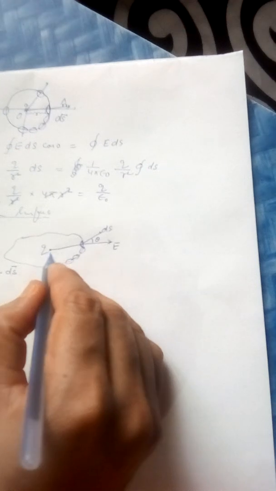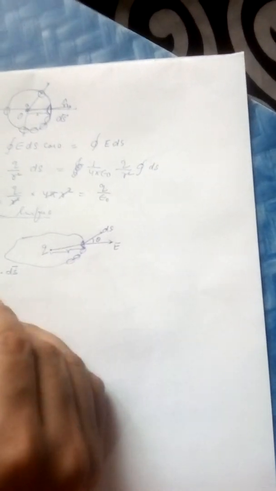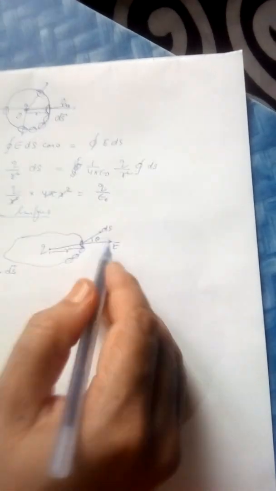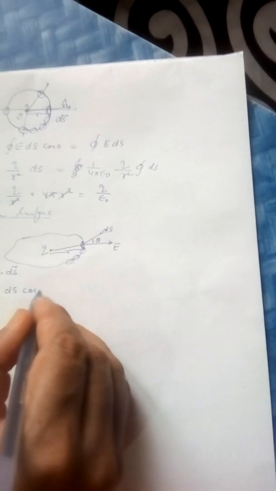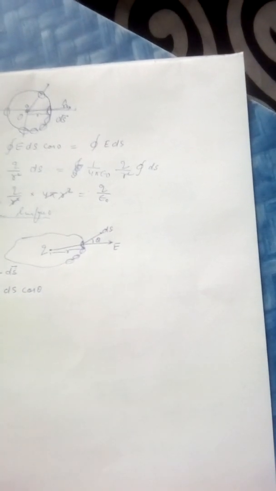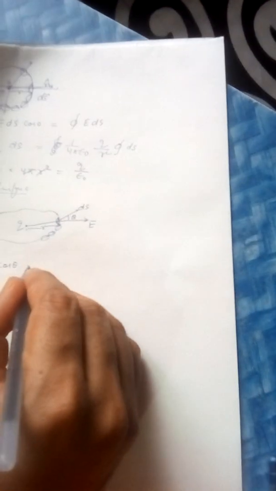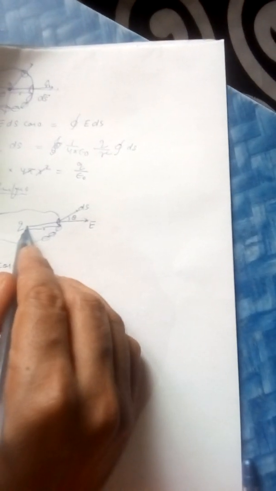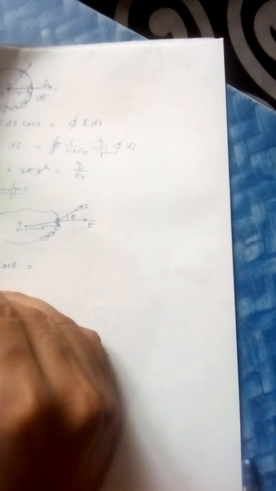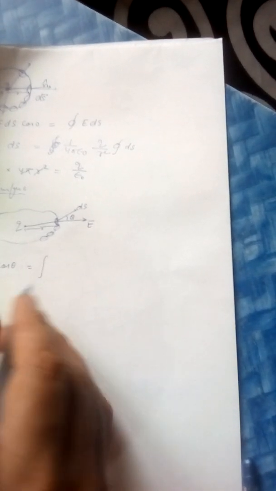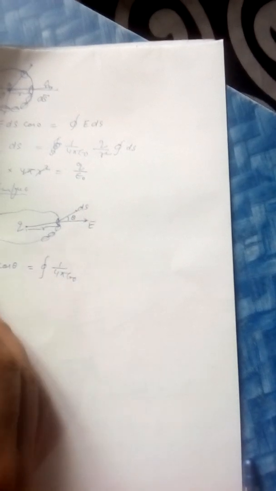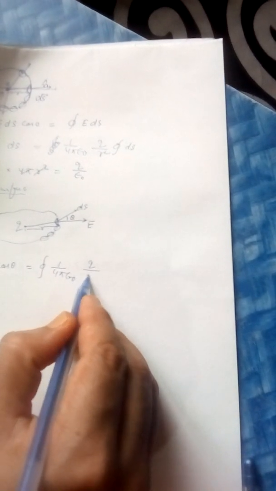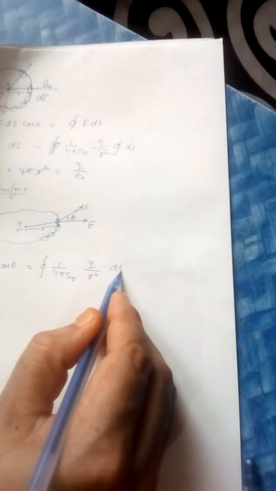Now suppose this distance is r. So E ds, what is the angle? Theta. So you can write E ds cos theta. Now due to this point charge q at distance r, what will be the electric field magnitude? 1 by 4 pi epsilon naught q by r square, times ds cos theta.